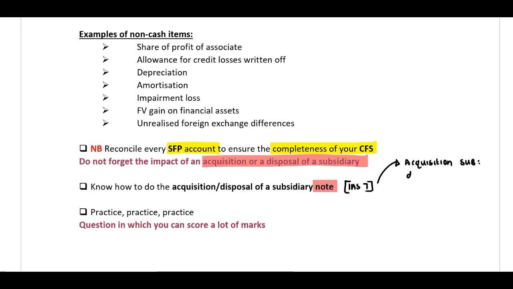You need to provide the details relating to this. And then you need to include assets, liability, equity, and the NCI's portion, as well as the consideration. If there is a disposal, you need to include your details as well and include all of the relevant information.